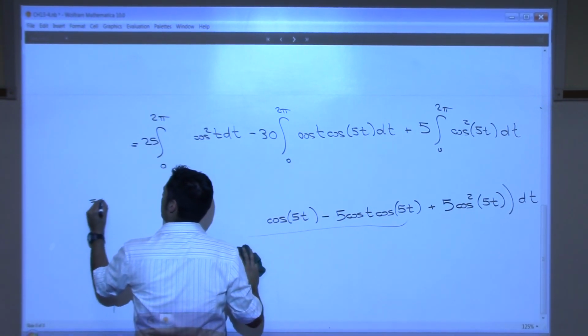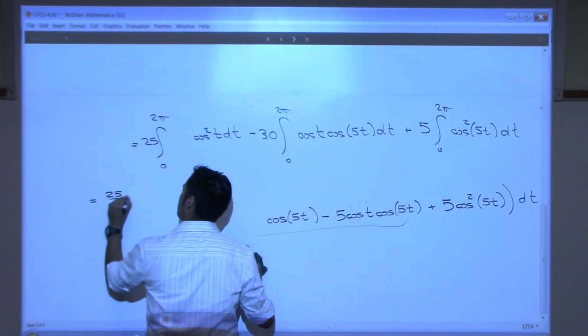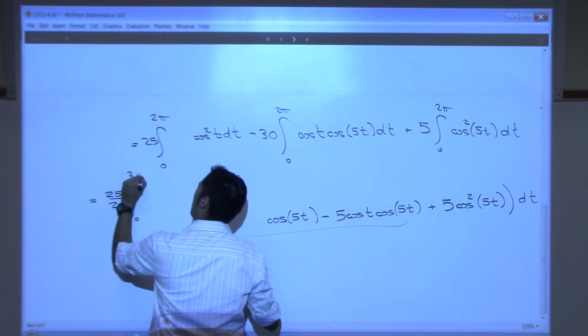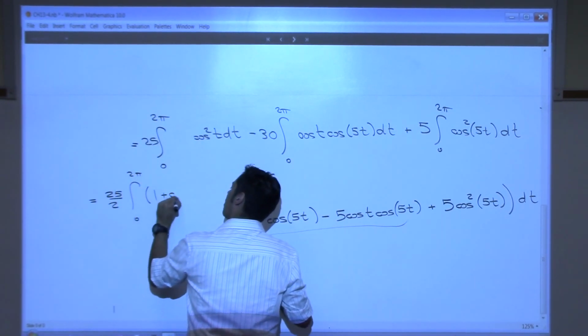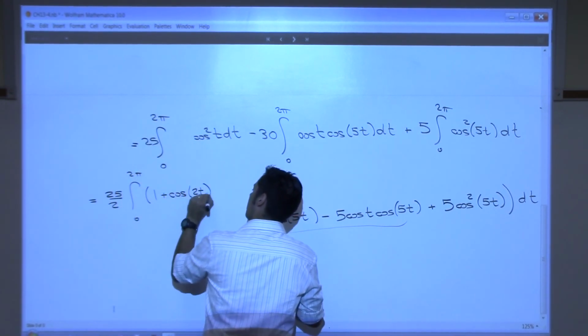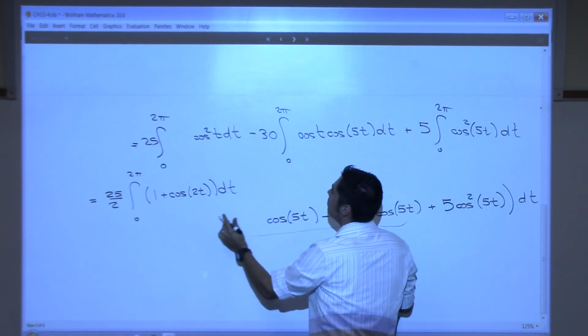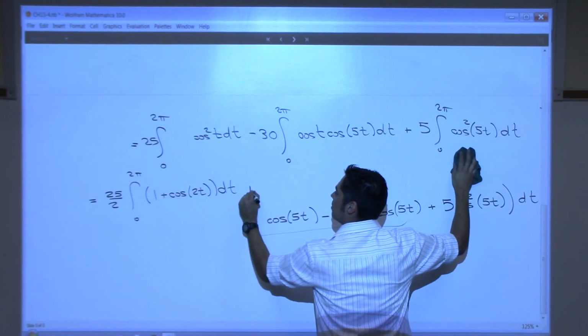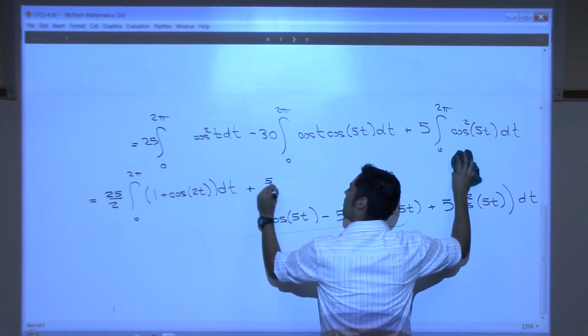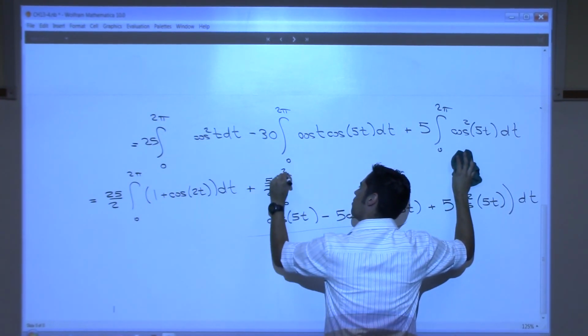This is going to be 25 halves integral 0 to 2 pi 1 plus cosine 2t dt. So I just used the formula on this, doubled the angle. Let me do the last one next. Plus 5 halves integral 0 to 2 pi.